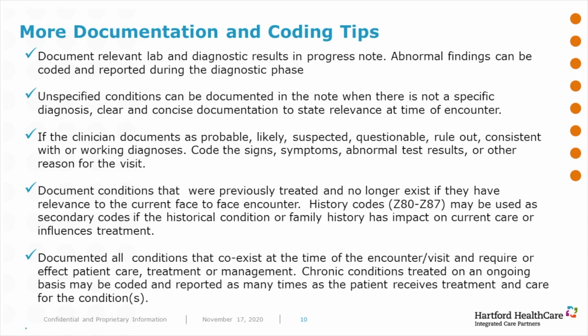Document all conditions that coexist at the time of the encounter or visit and require effective patient care, treatment, or management. Chronic conditions treated on an ongoing basis may be coded and reported as many times as the patient receives treatment and care for that condition. What I will say is that once a diagnosis has been established, unspecified codes should not be documented or utilized.